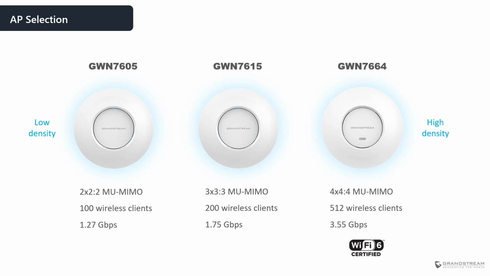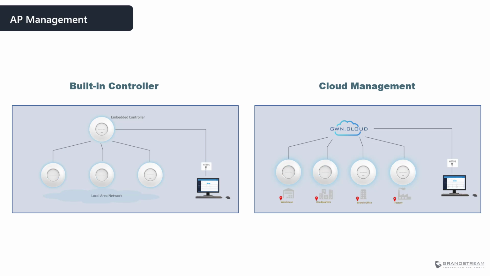And the number of antennas is usually related to the aggregate throughput provided by the access points. Grandstream also offers Wi-Fi 6 capable access points in case you want to deploy them in your wireless environment.